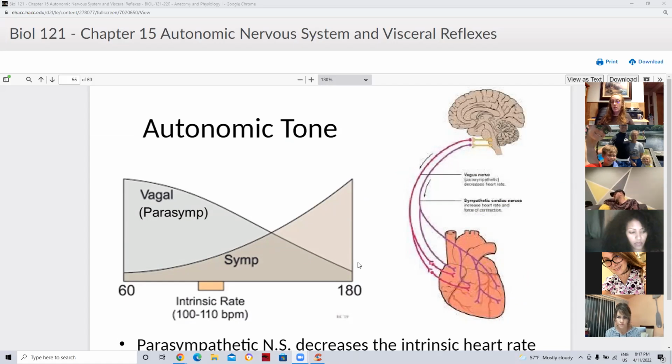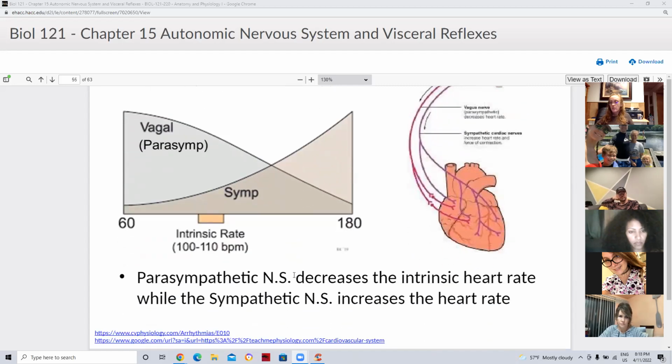Most of us don't have a heart rate that high, because the parasympathetic nervous system maintains a lower resting heart rate. So the parasympathetic nervous system is going to decrease the inherent heart rate, while the sympathetic nervous system is going to increase it. And depending on what the body needs at that moment, one of them will have a bigger influence than the other.